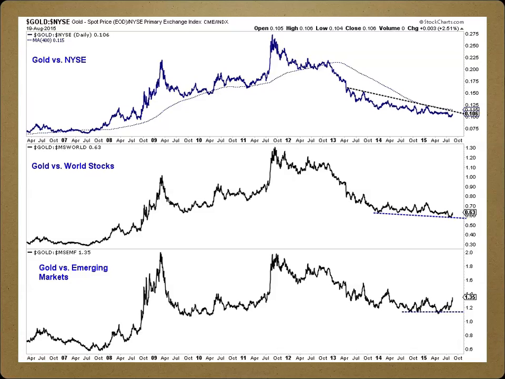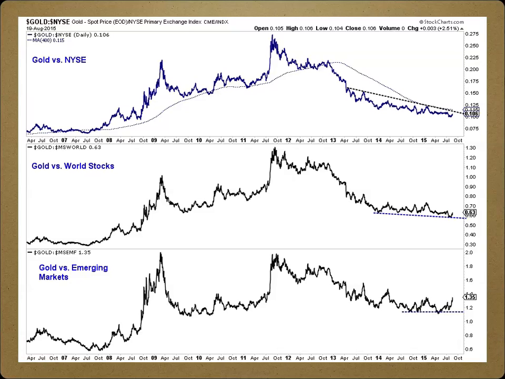Gold against the rest of the world is still declining a little bit, but if you look at that ratio, and also gold against the NYSE, it's not going to take a lot for those ratios to break that downtrend. The shift in the relationship between gold and stocks could be sudden.